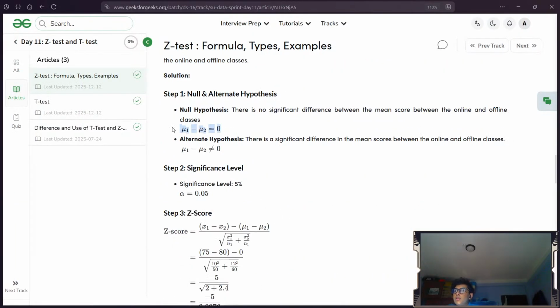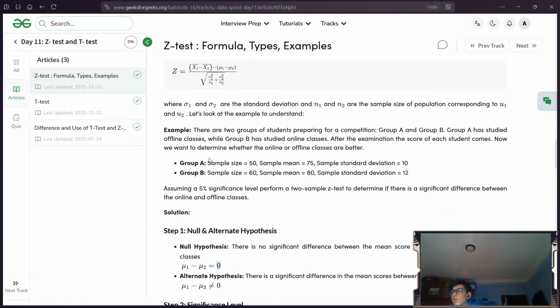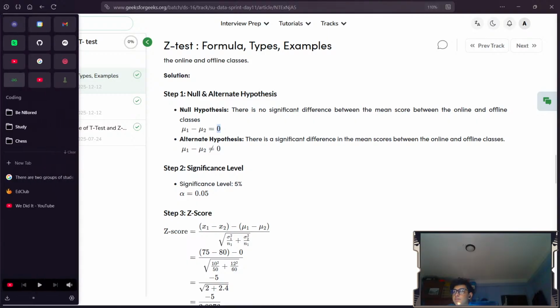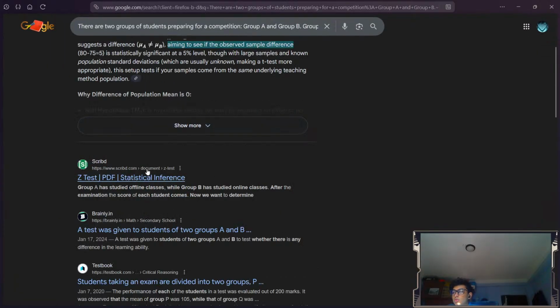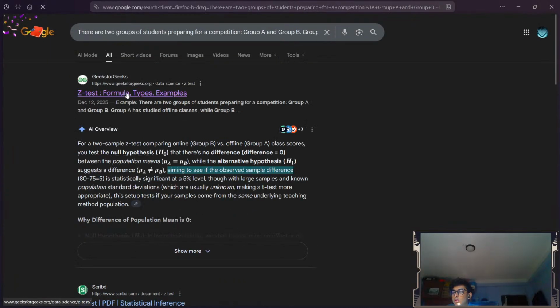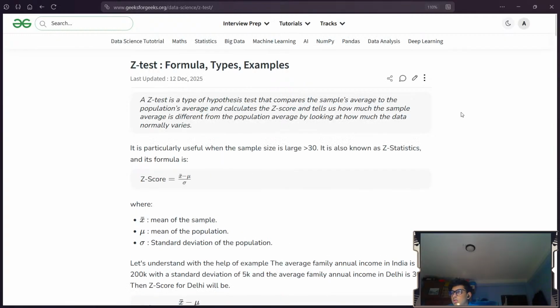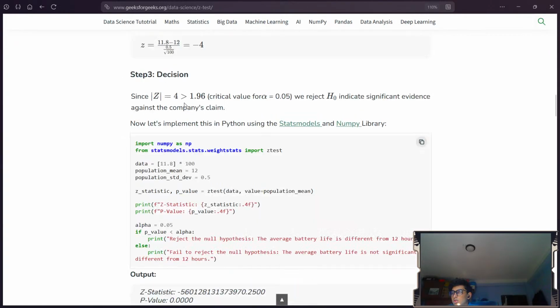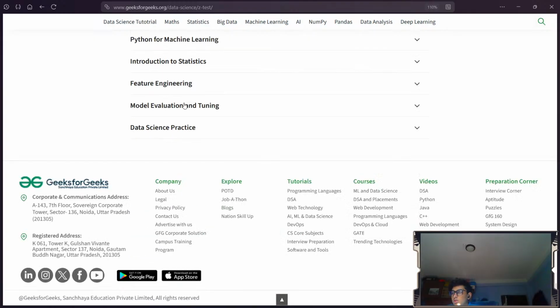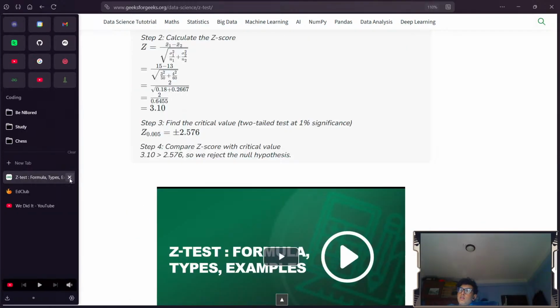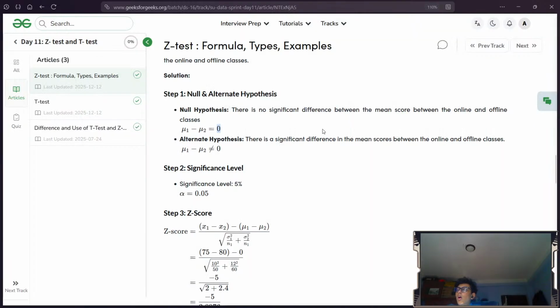We are taking the hypothesis as mu1 minus mu2 is equal to 0. So I forgot. No, this is the same. Okay.